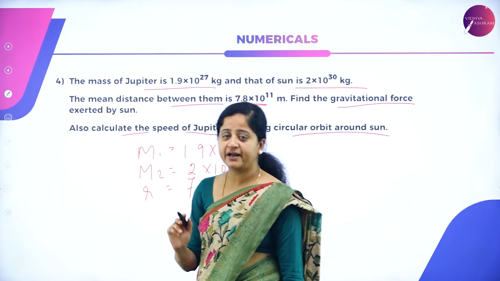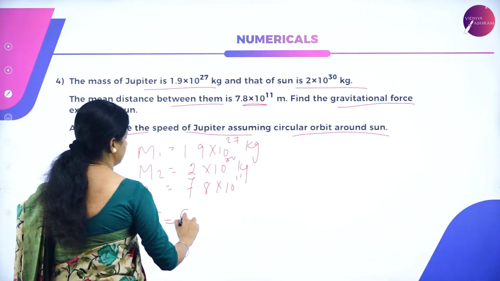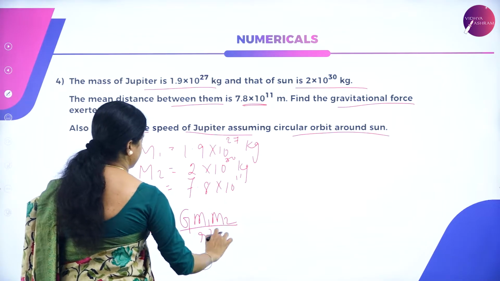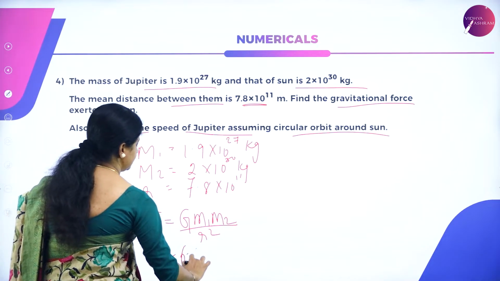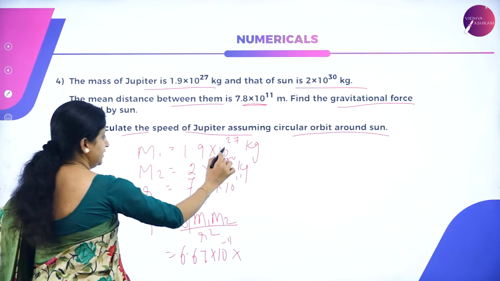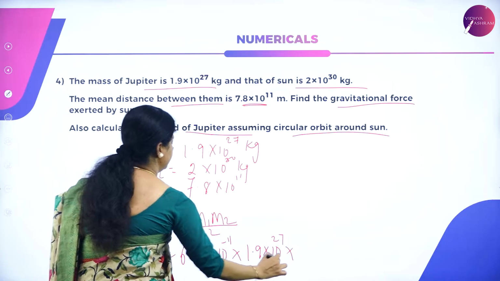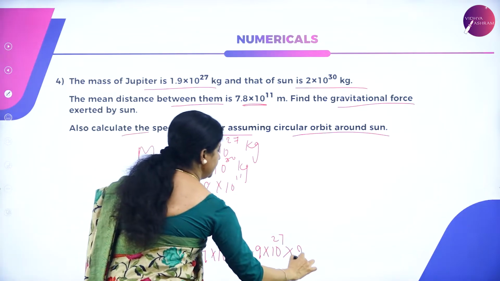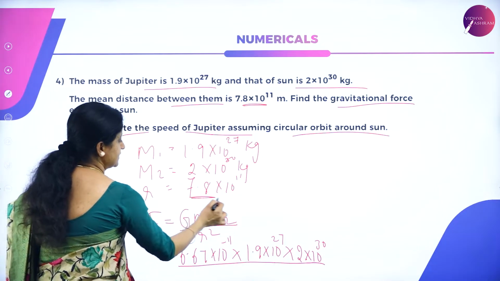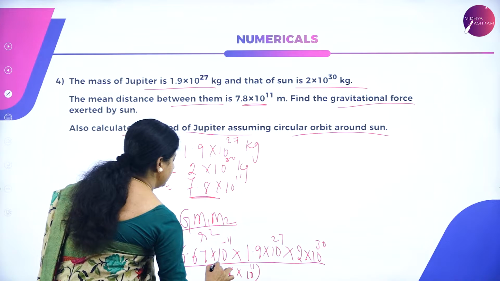We need to find the gravitational force exerted by the Sun, and hence the formula is F is equal to G m1 m2 divided by r square. What's the value of G? It is 6.67 into 10 power minus 11, into m1 which is 1.9 into 10 power 27, into m2 whose value is 2 into 10 power 30, divided by r square, that is 7.8 into 10 power 11 the whole square.